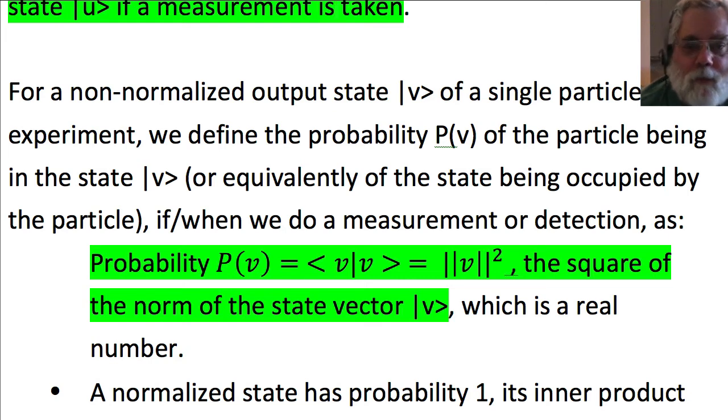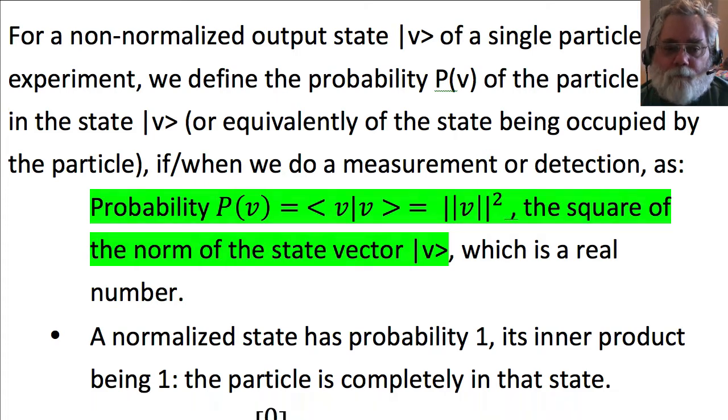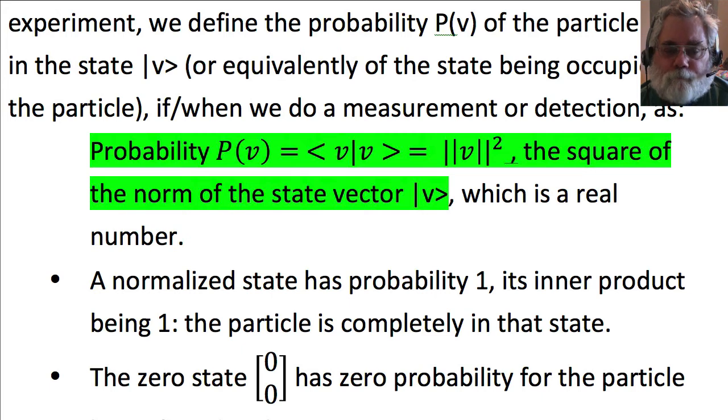For a non-normalized output state v of a single particle experiment, we define the probability of the particle being in state v, or equivalently of the state being occupied by the particle, if and when we do a measurement or a detection. That probability is the inner product of v with itself, which is equal to the square of the norm of that state vector.